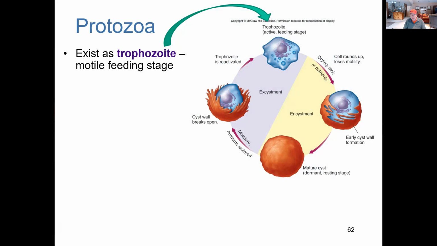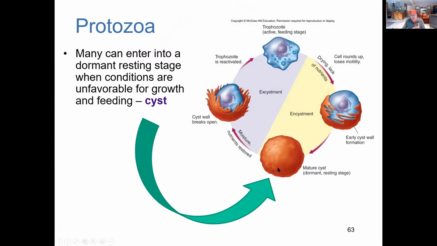And so when conditions are really good, plenty of food, good temperature in the water or wherever this protist lives, it's maintained in this very active feeding trophozoite stage. But when conditions turn harsh, things dry out, the amount of nutrients begins to decline, then this trophozoite is going to change into a cyst.